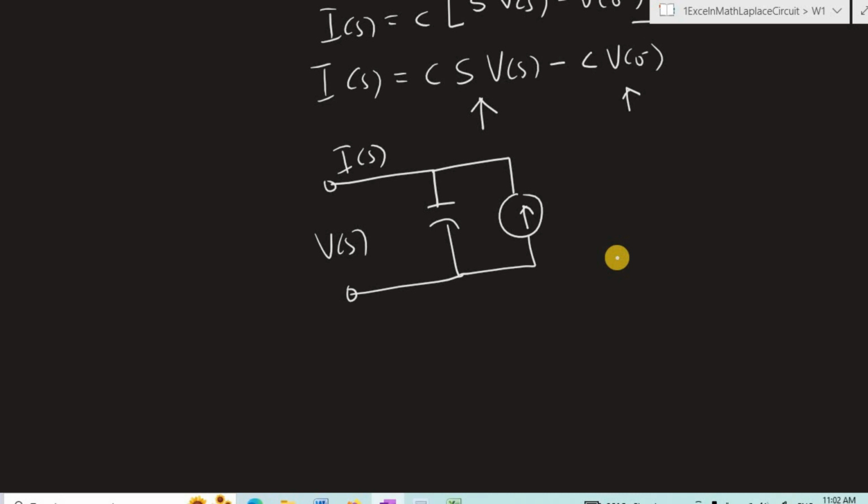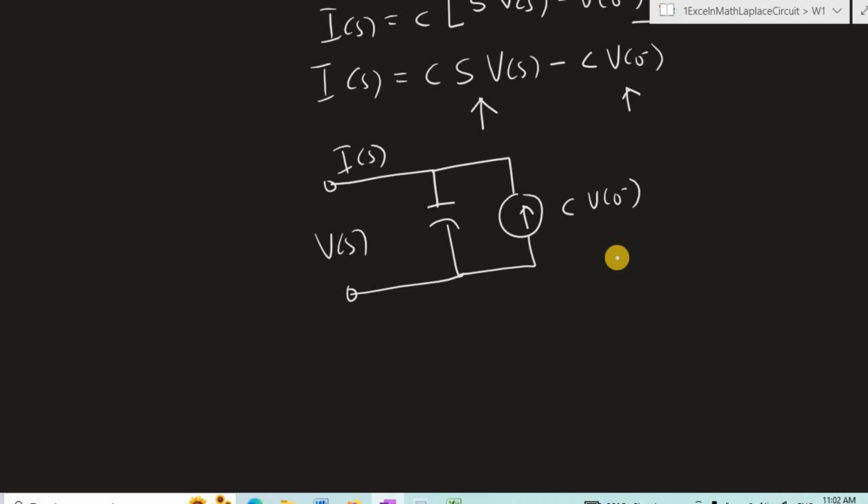Now the magnitude of the current source is C V0 minus. This V0 minus is the voltage across the capacitor at time t equals 0 minus, and this is the initial condition of the capacitor included in the circuit.